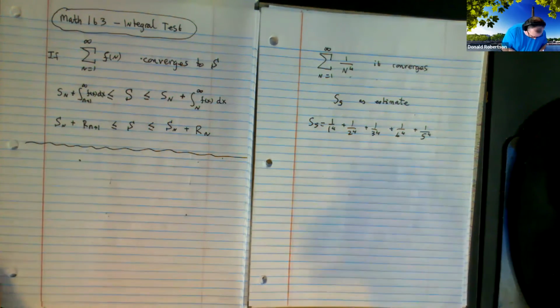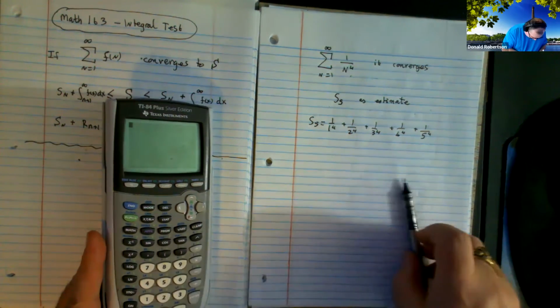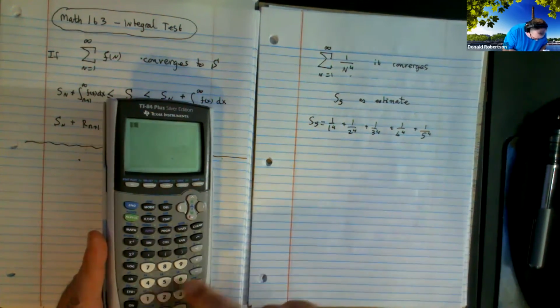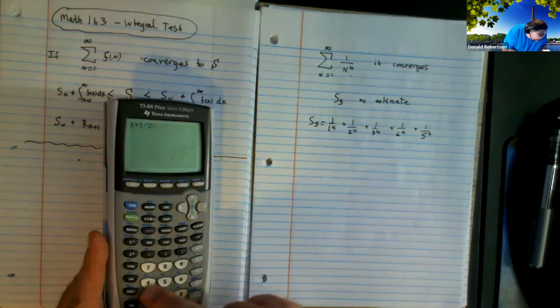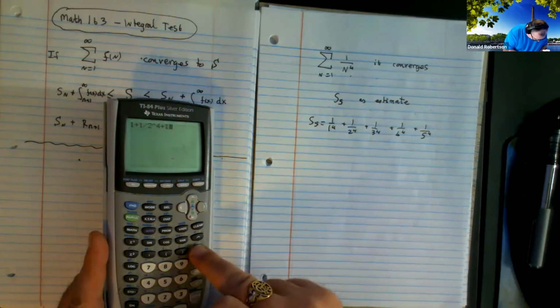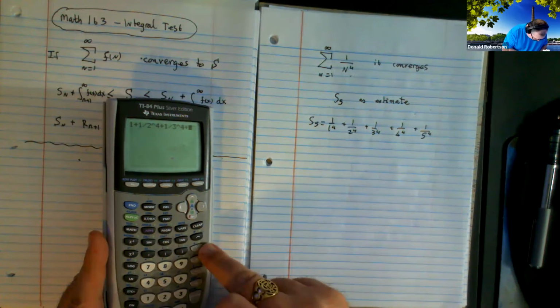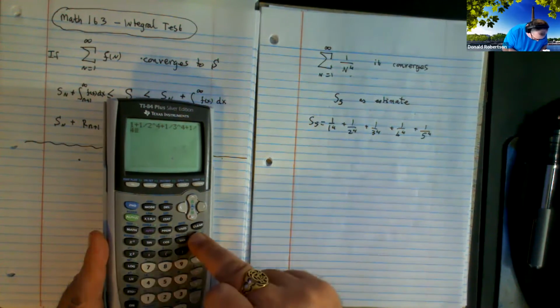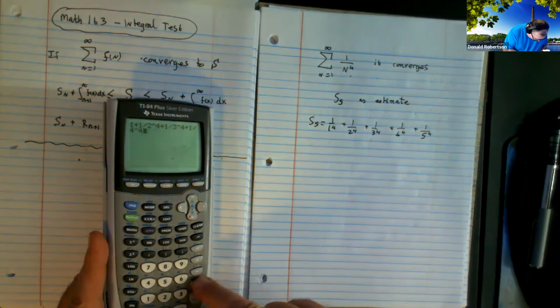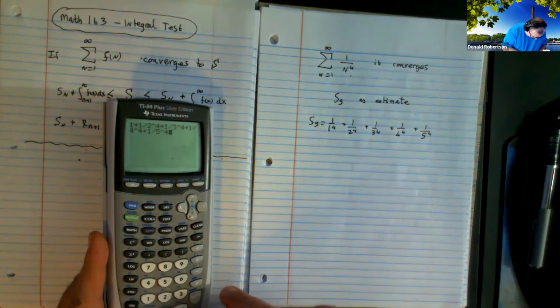So I'll just go to my calculator. Since this one is relatively easy to do, it's going to be 1 plus 1 divided by 2 to the power of 4, plus 1 divided by 3 to the power of 4, plus 1 divided by 4 to the power of 4, and lastly, plus 1 divided by 5 to the power of 4.